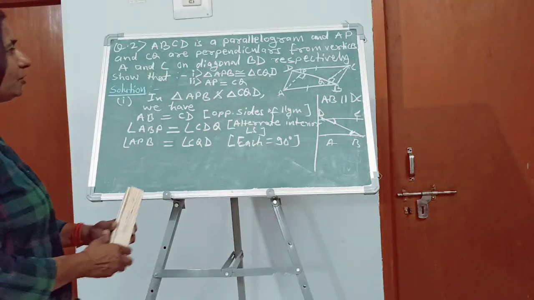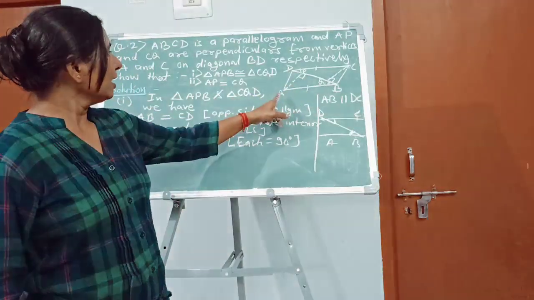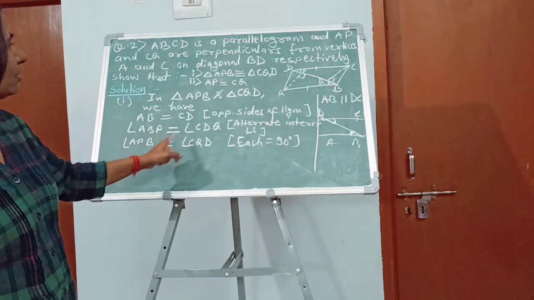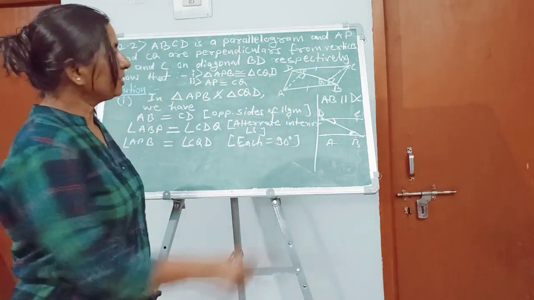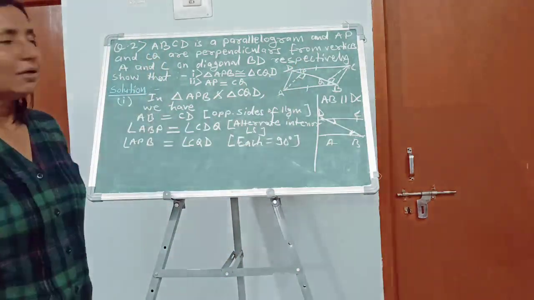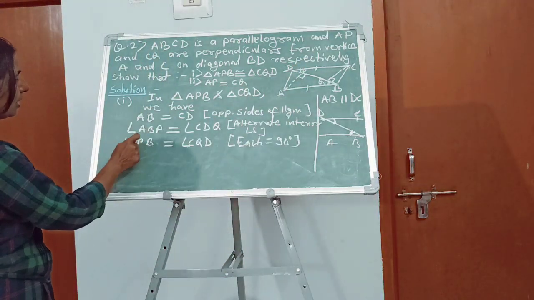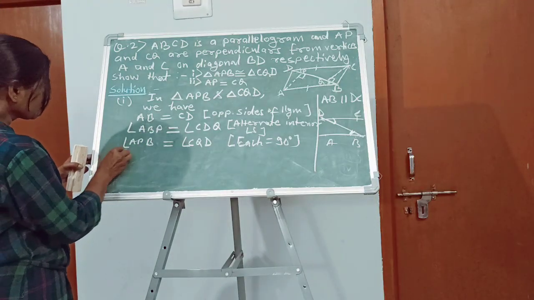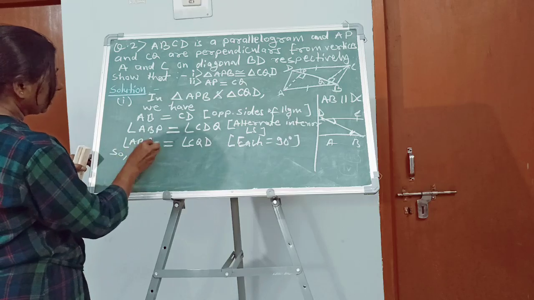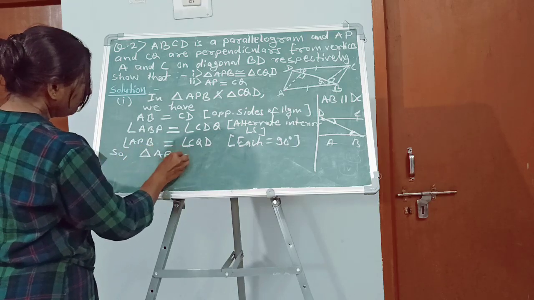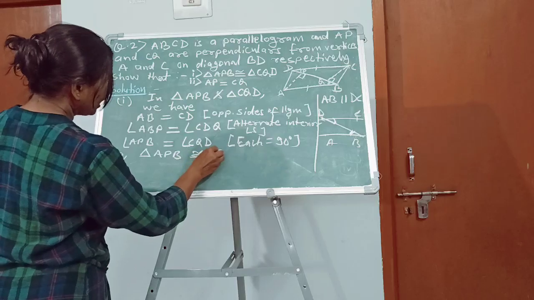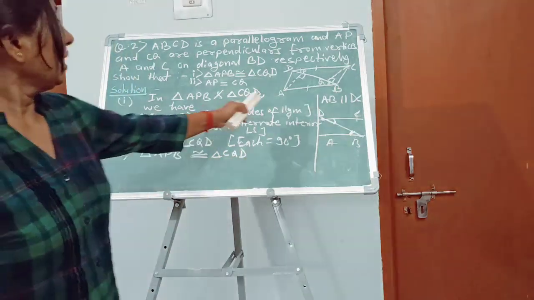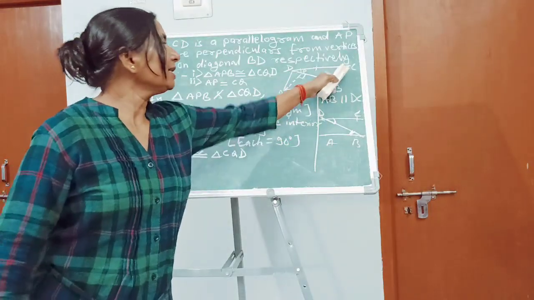Now again see in these two triangles, APB and CQD, two angles plus one side are equal. So AAS. So we can say triangle APB is congruent to triangle CQD.